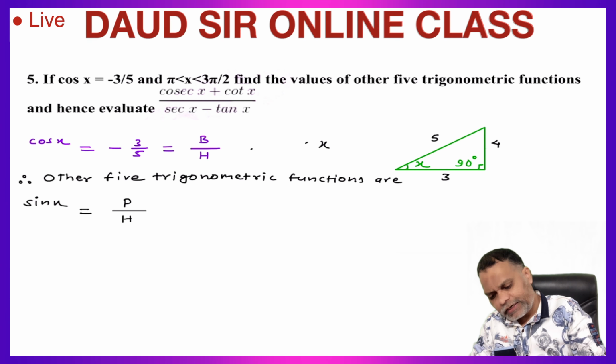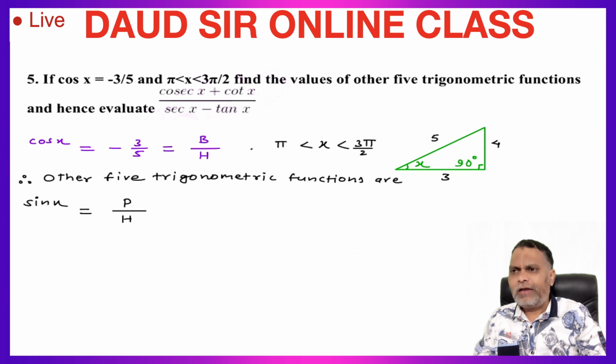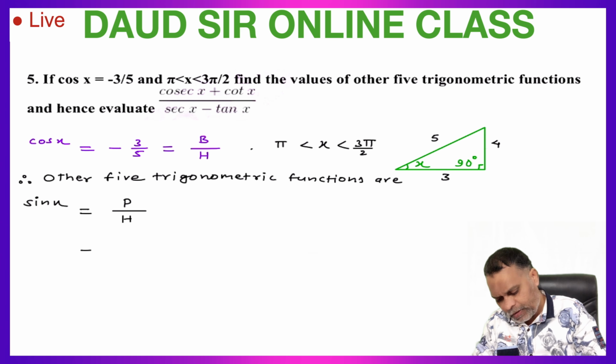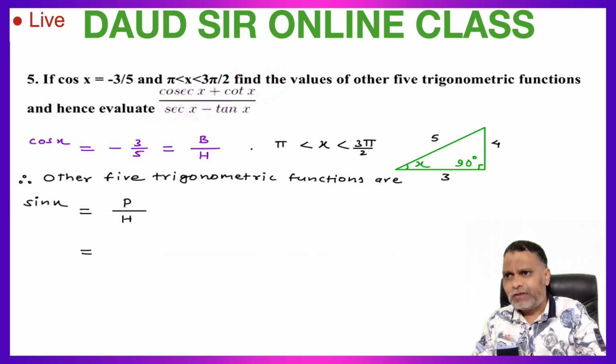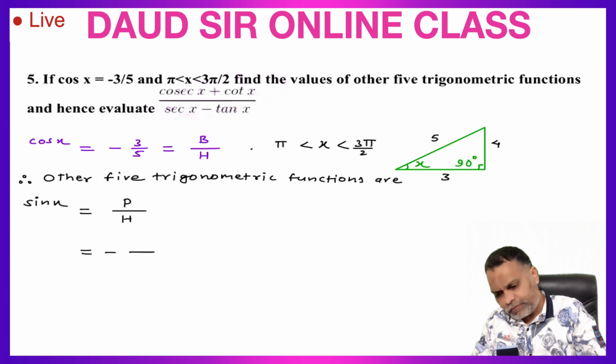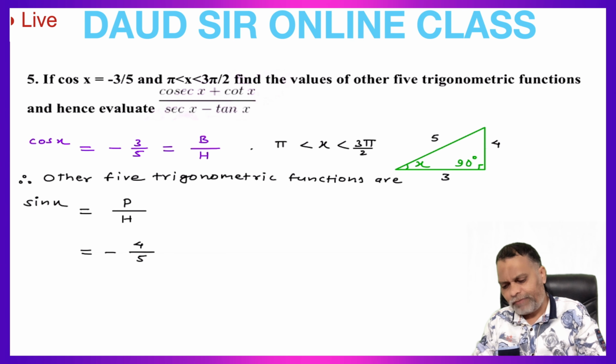Here this x is greater than pi and less than 3 pi by 2, meaning this angle lies between 180 and 270 degrees, that is in the third quadrant. In the third quadrant sin is negative, so put the negative sign first. Perpendicular is 4 and hypo is 5. So the value of sin x is minus 4 upon 5.